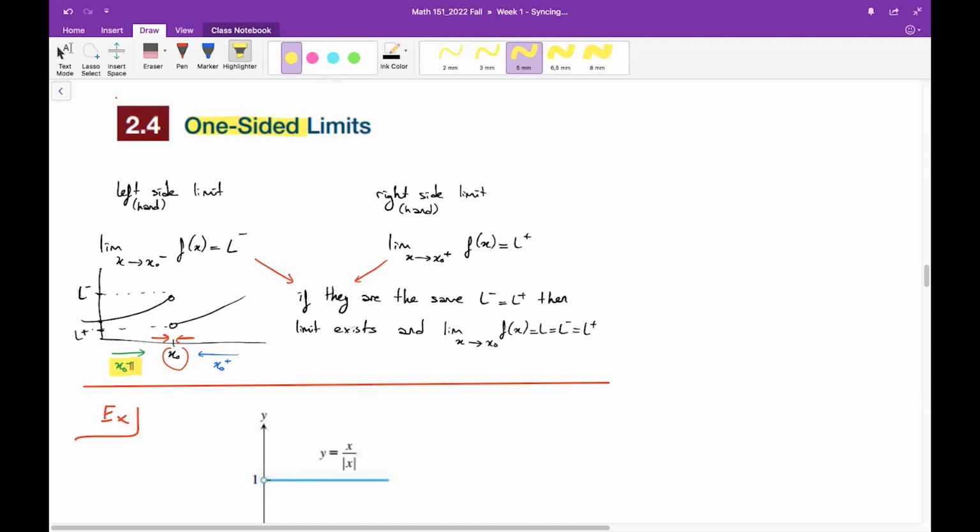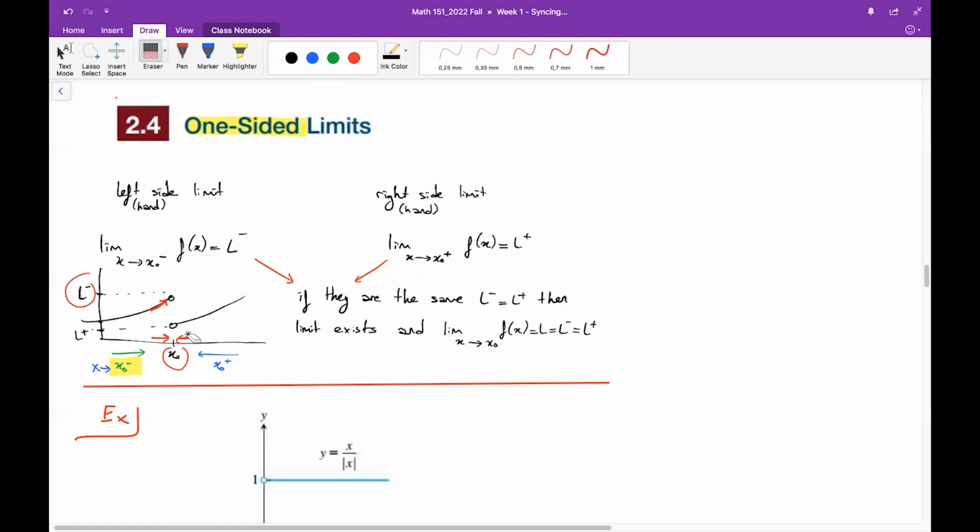This means that x approaches x0 from left. Then what happens to the values of your function? So let's search what happens to the values of your function. You see the values of this given function approach the number L minus.